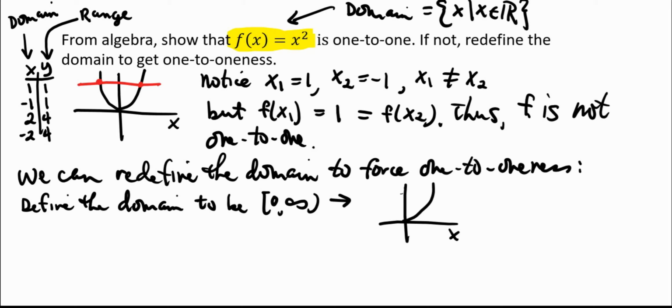So now when you apply the horizontal line test, it only crosses that graph just one time. Basically, this domain kicks out those negative values. It's not supposed to happen. Kicks out those guys, right? And so then from there, you do get one-to-oneness.